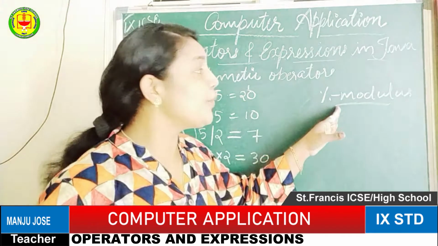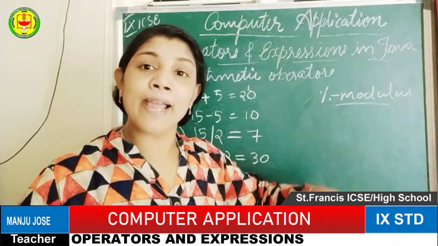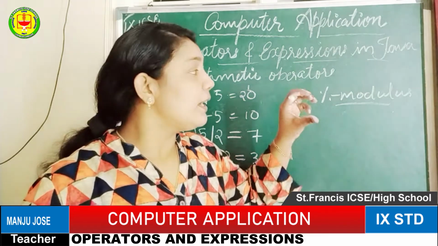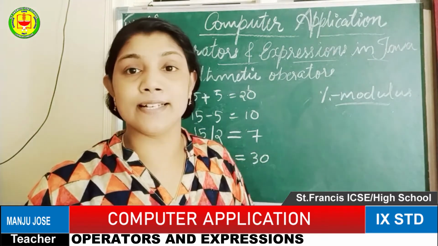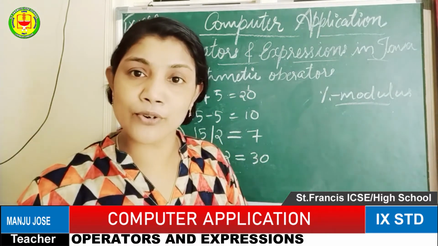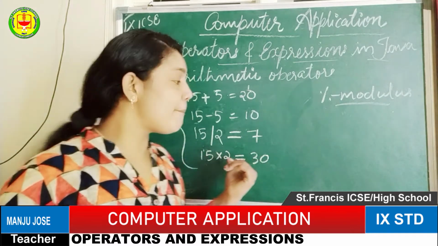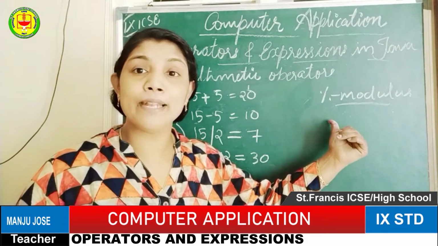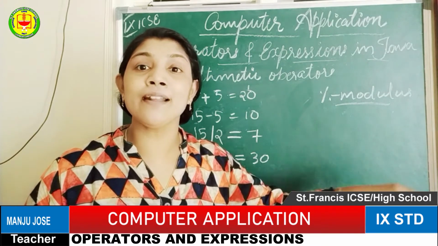But when we do modulus, the remainder of the given calculation is considered the result, not the quotient. Both are division operations, but with division we consider the quotient, and with the modulus operator we consider the remainder as the result.